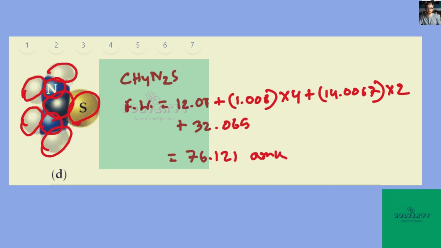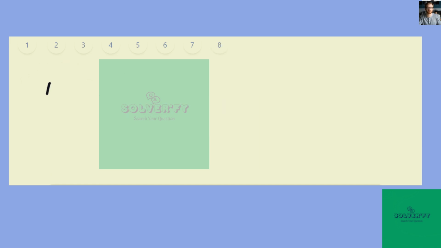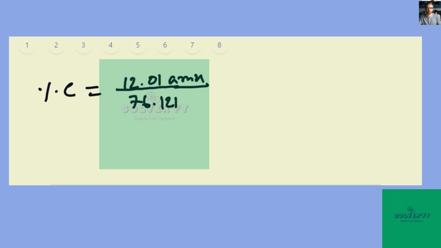And then the percent of carbon will be, we still have only 1 carbon in this one too, so 12.01 AMU over the formula weight of the compound, which is 76.121, times 100%.